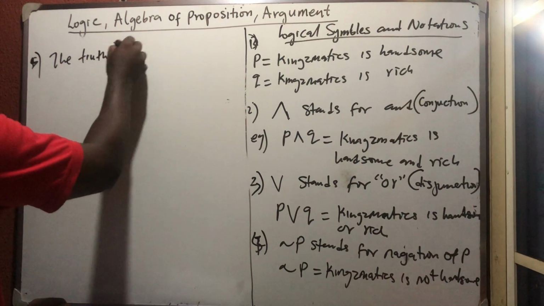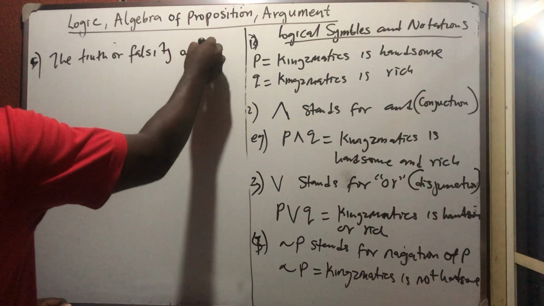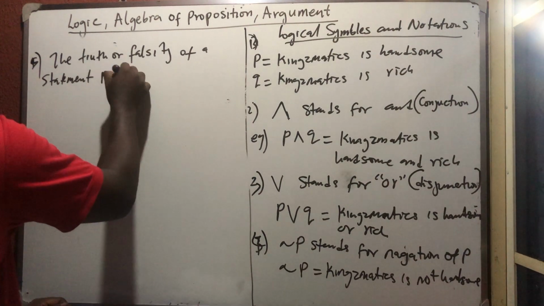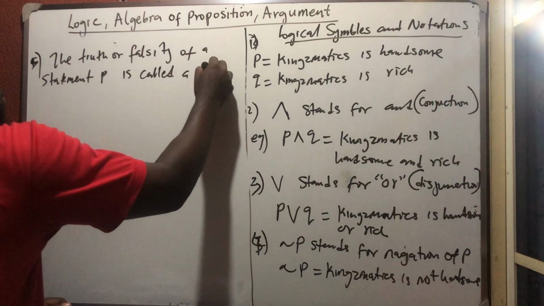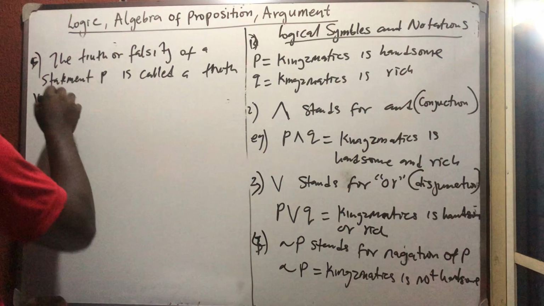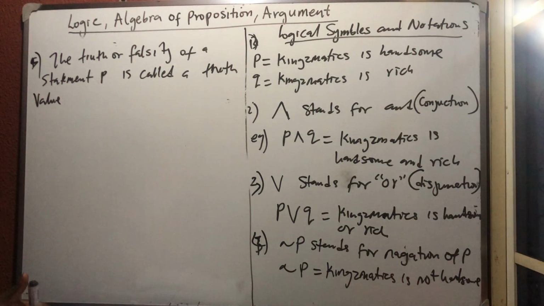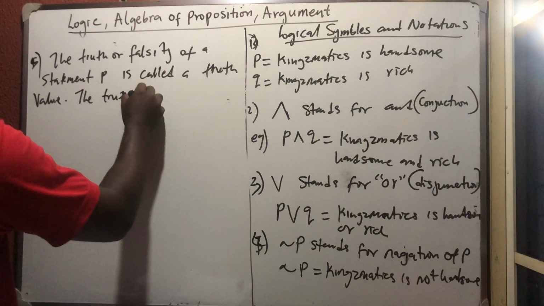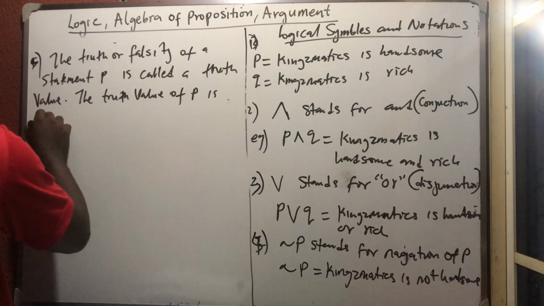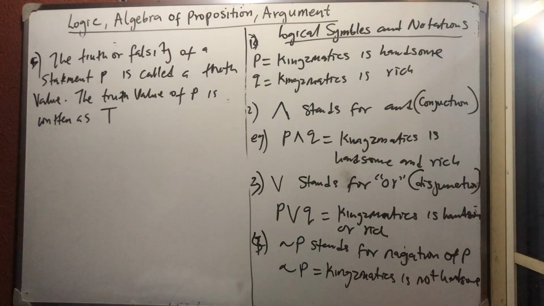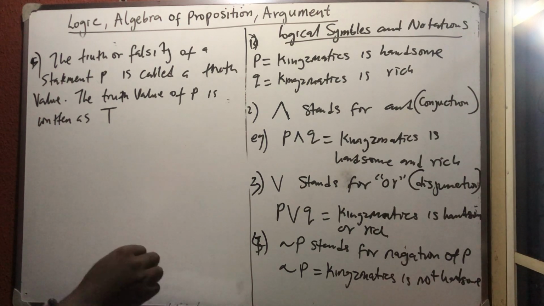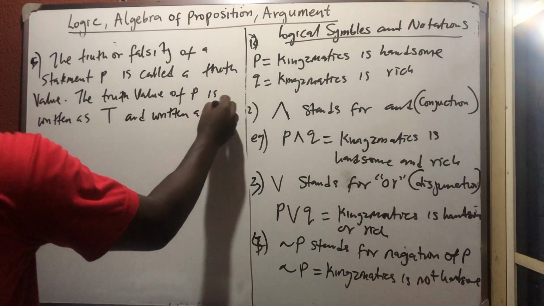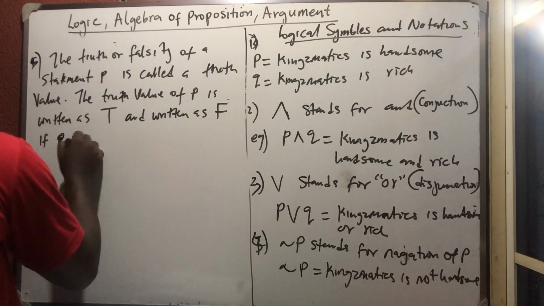The truth value of P is written as capital letter T if P is true, and written as F if P is false.